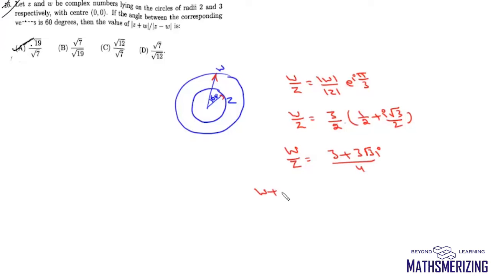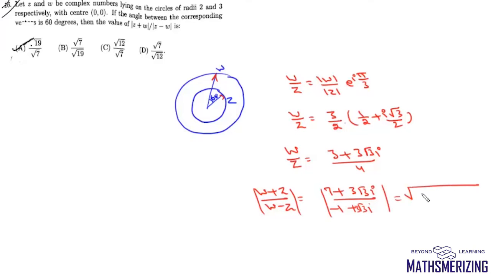Now we'll use componendo dividendo, we'll get W plus Z upon W minus Z as 7 plus 3 root 3 iota upon minus 1 plus 3 root 3 iota. Now we'll take modulus sign. Then this modulus is 49 plus 27, and here will be 1 plus 27.